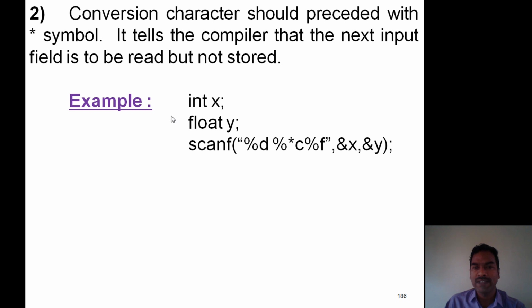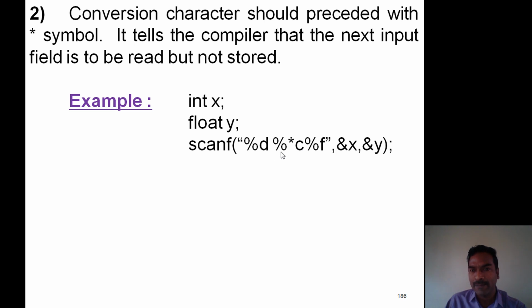Now observe this example. Here we declare two variables, one integer variable x, another one float variable y. Now the reading statement scanf: within double quotes we place three control strings, %d, %c, %f. When we observe the %c format, the asterisk symbol is placed in between the percentage symbol and c.